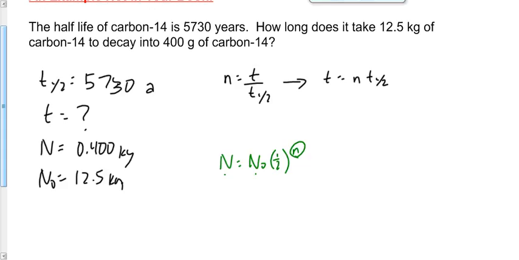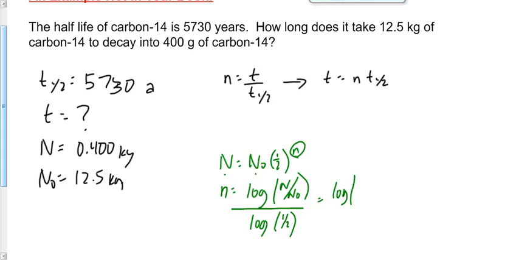To solve for little n using logarithms, we're going to say little n is equal to log of N over N sub 0, over log of 1/2. So it becomes log of 0.4 over 12.5, over log of 0.5.